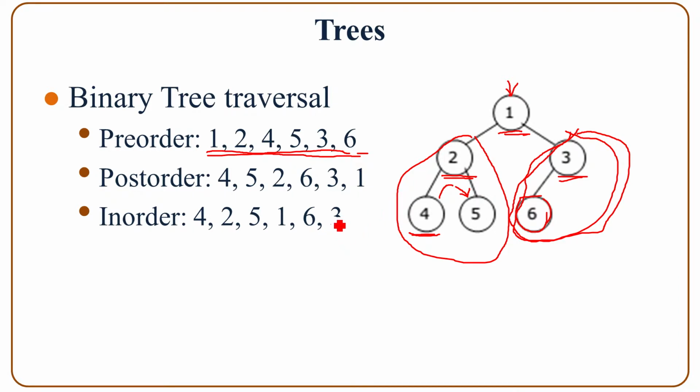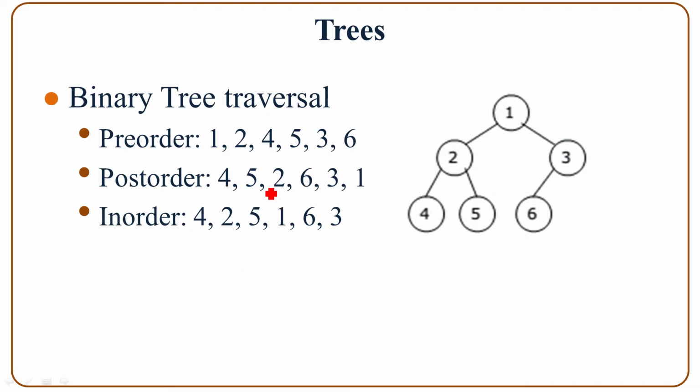Now let's look at postorder traversal. With postorder traversal, we start with the left subtree, the right subtree, and then the root.